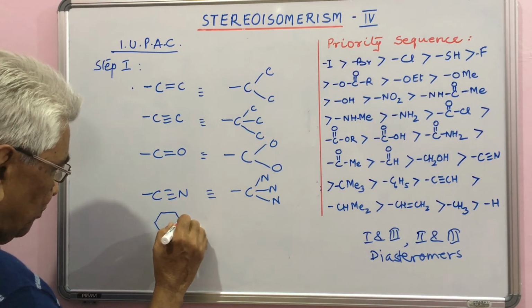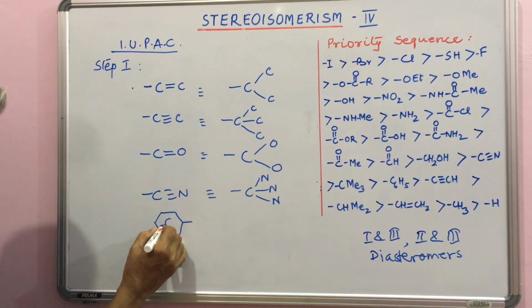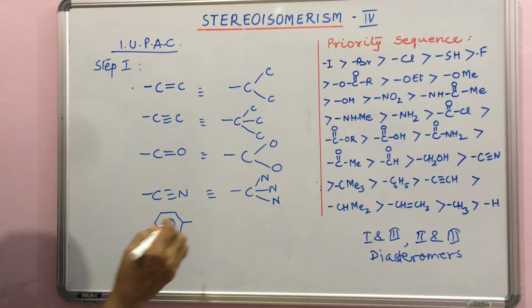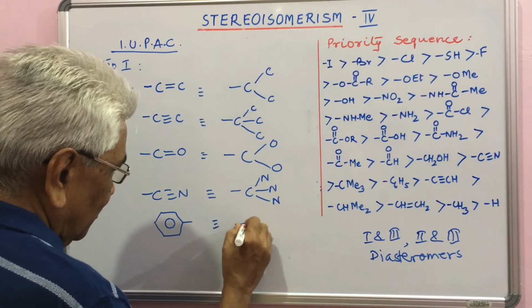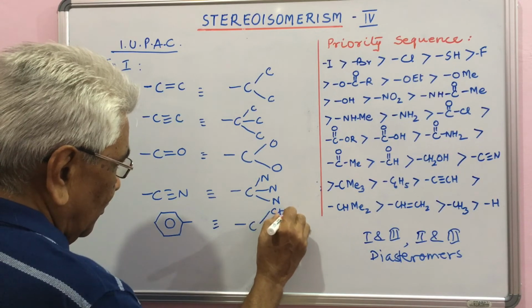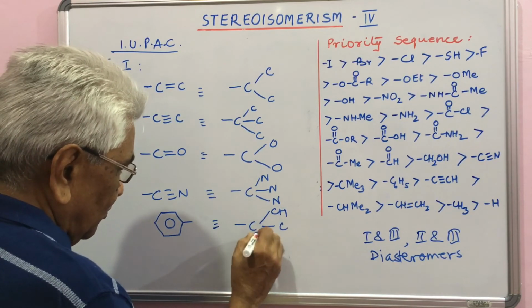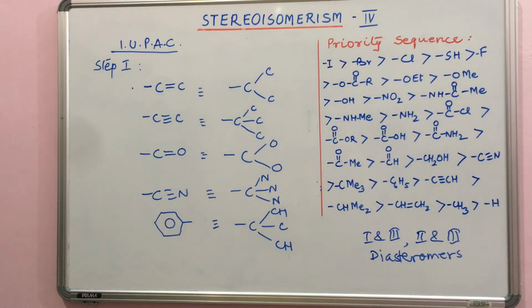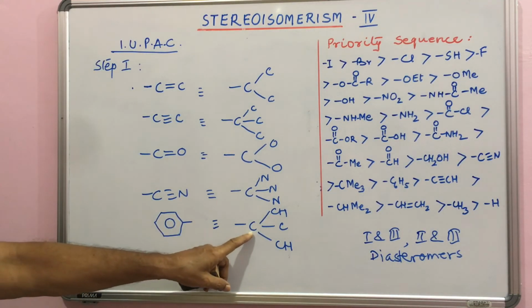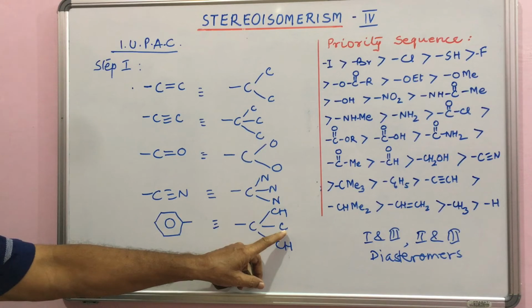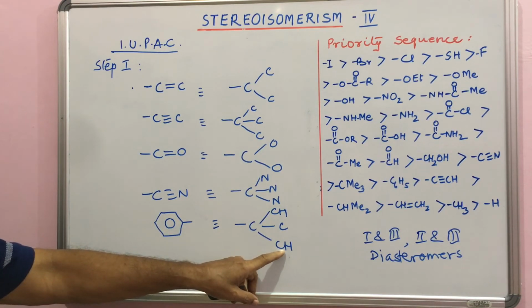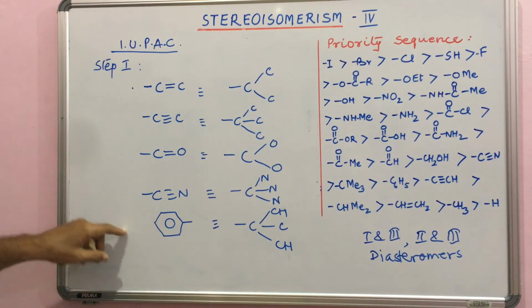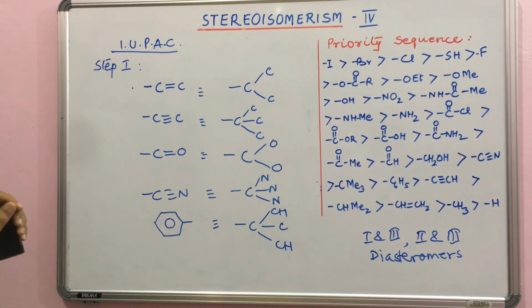A phenyl group, C6H5, is equivalent to, so these are the rules that you have to remember, C attached to 1 CH, 1 C and 1 CH. And then you can count.